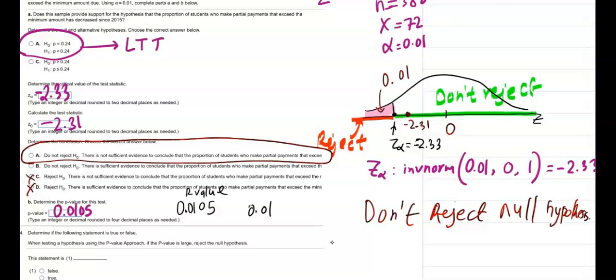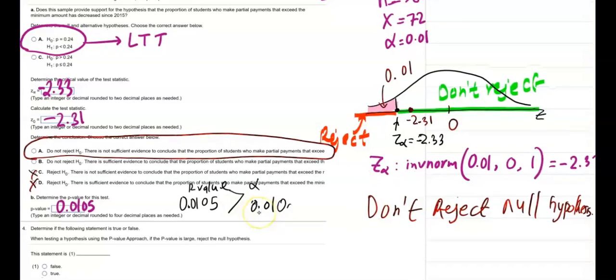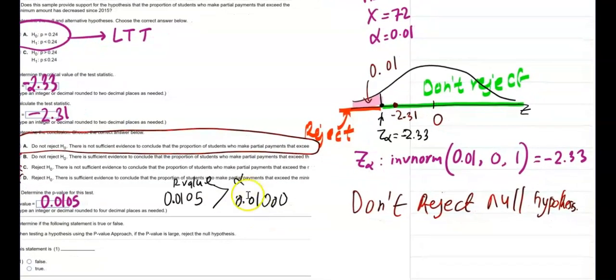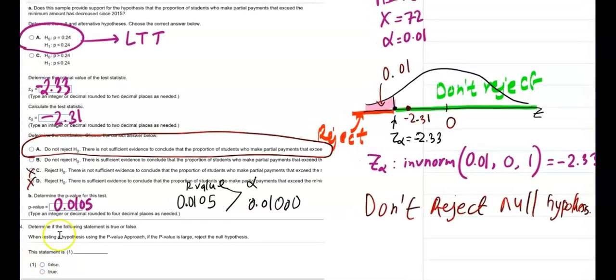If you notice here, obviously the p-value is greater than alpha, because alpha is 0.01 but the p-value is larger. If the p-value is greater than alpha, you do not reject the null hypothesis. That's another way to check it. So that's question number 3.